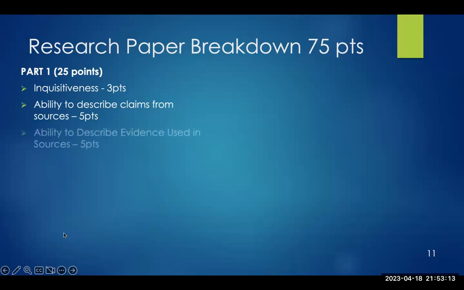So the idea is you're going to have these scholarly and non-scholarly sources, and you don't need to describe the claims from every single one. You could be doing it more holistically. Like, let's say you're finding a trend, and when you do that, you can cite multiple sources at the same time.